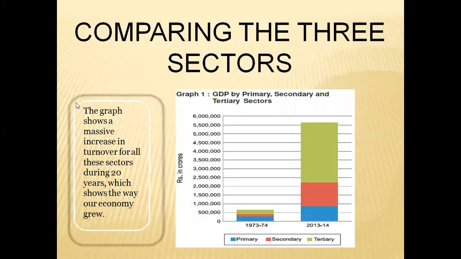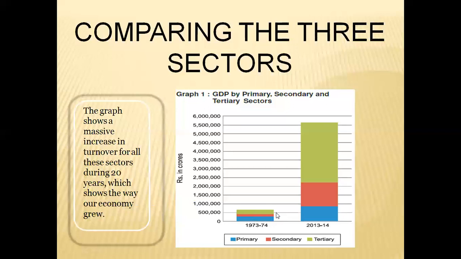Now, if we compare the sectors, the first criterion is regarding the rupees or their turnover. In 1973, you can see the share of these three sectors is very less.